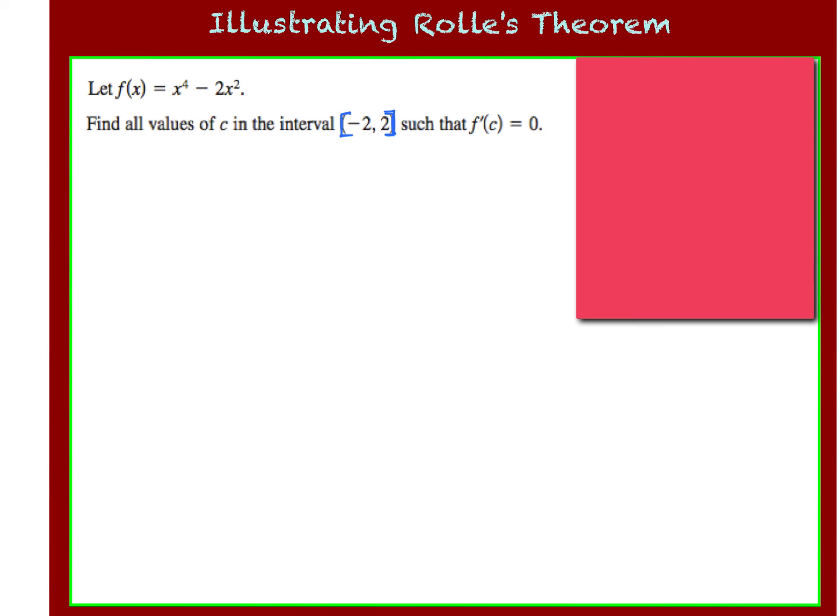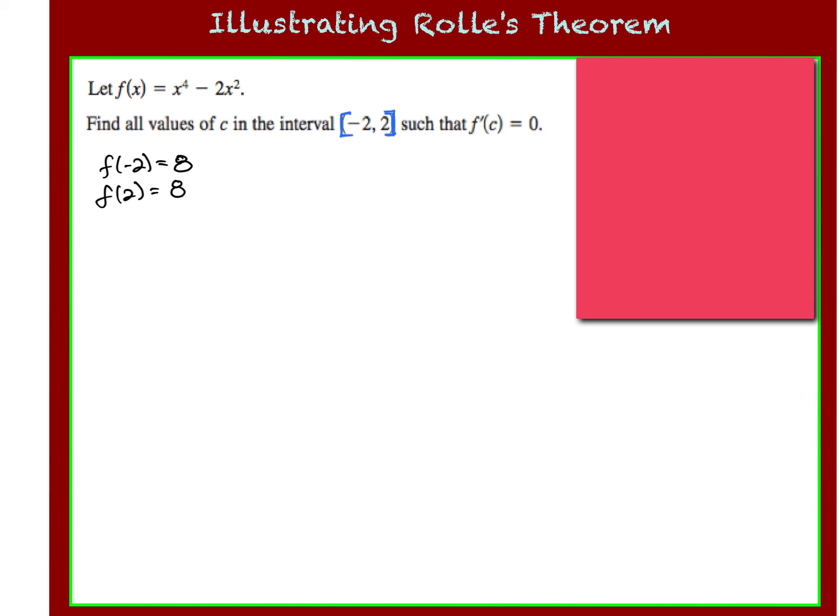So if we're going to use Rolle's theorem, we need to figure out if the y values are the same. So let's substitute in. So f of negative 2. What is negative 2 to the 4th? 16. And then 2 squared is 4. 4 times 2 is 8. 16 minus 8 is 8. So what is f of 2? 8. All right.